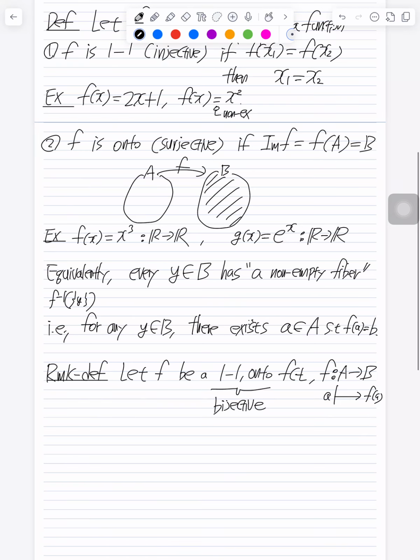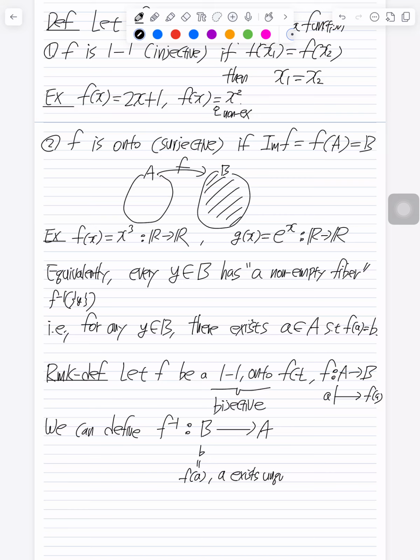So we can define f inverse that maps from B to A, because for each element small b, we know this can be written as f of a, and such an a exists uniquely. So we can assign each small b to small a. There's a rule, we can definitely do it. And such a function is called the inverse function of the given function.